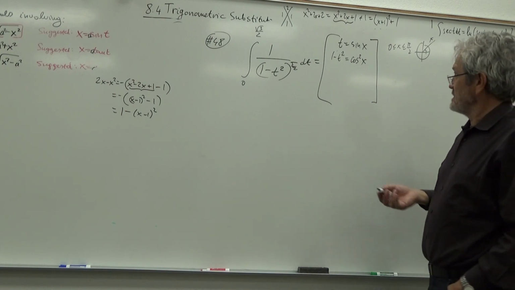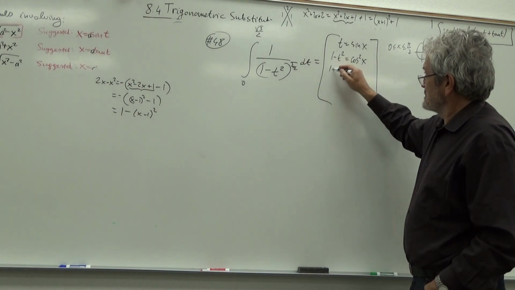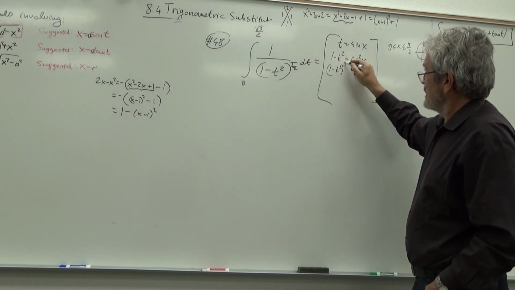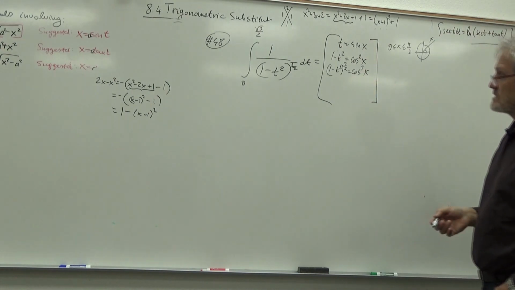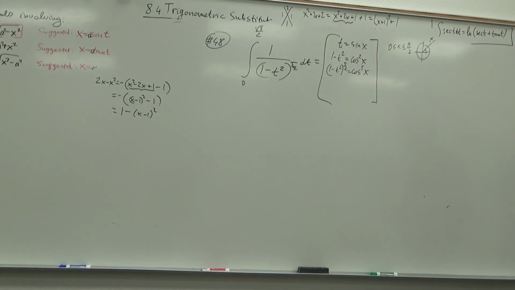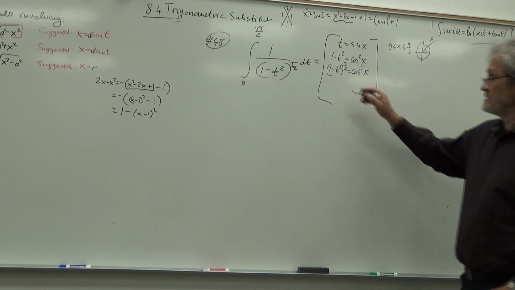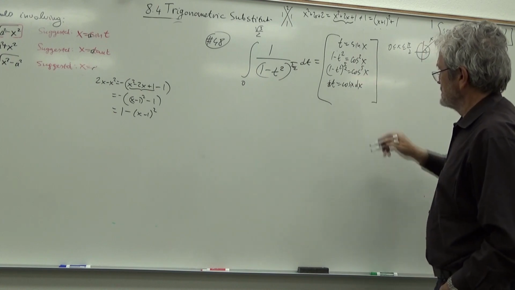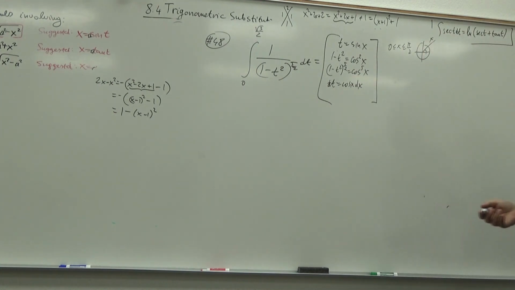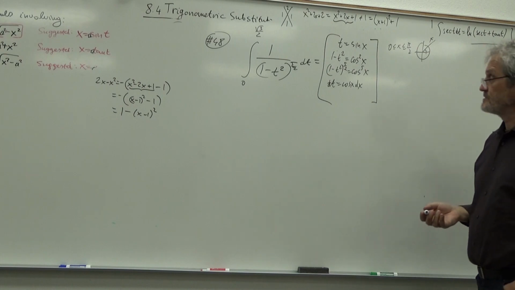So what would that be? This is 1 minus t squared to 5/2. It's just cosine to the 5th x. Cosine squared to 5/2, cosine to the 5th x. And that's it. Oh, we need dt. dt is cosine x dx. What else do we need? We need to adjust the limits.